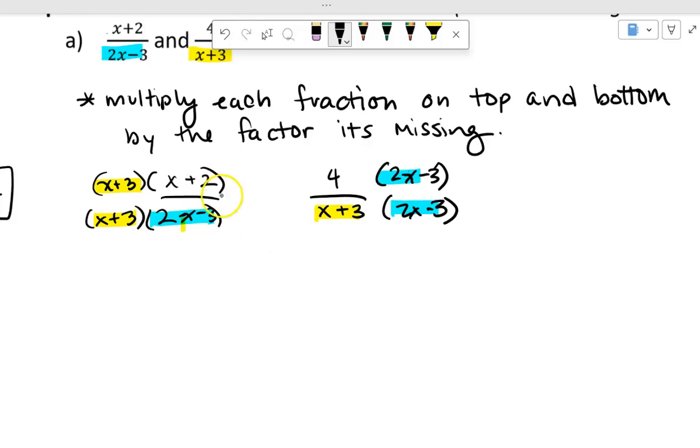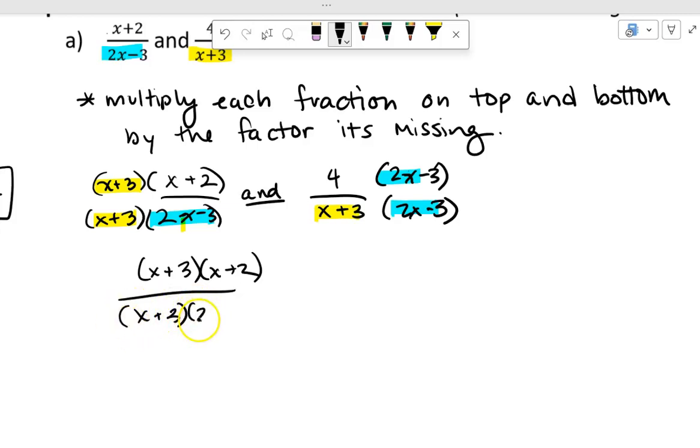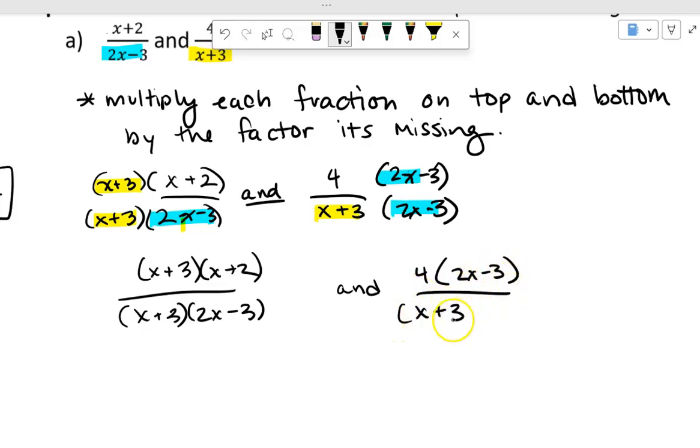Now that I've multiplied each fraction by the factor that's missing from the other one, I can rewrite this as x plus 3 times x plus 2 all over x plus 3 times 2x minus 3, and 4 times 2x minus 3 all over x plus 3 and 2x minus 3.